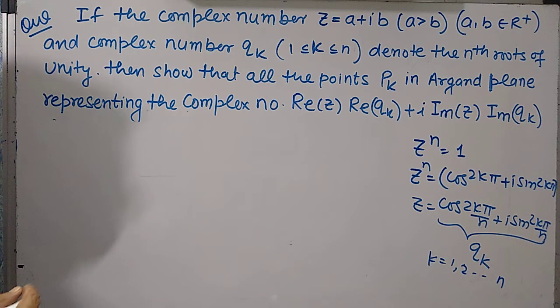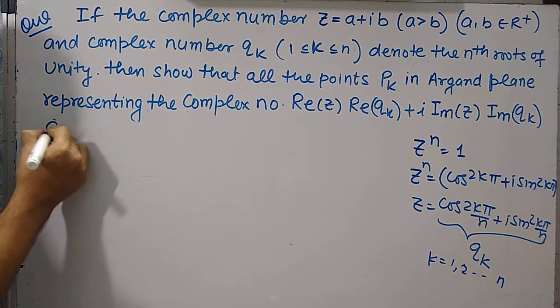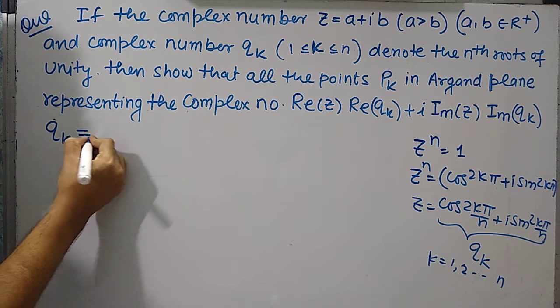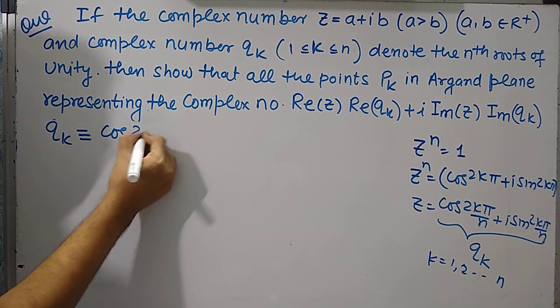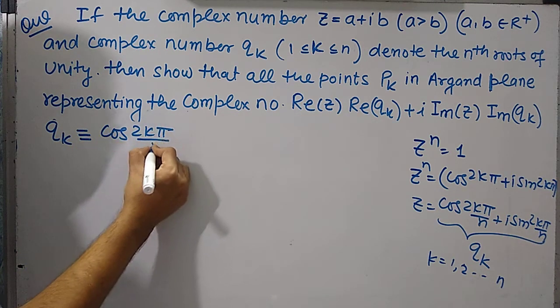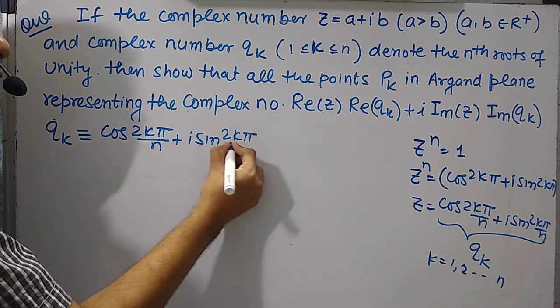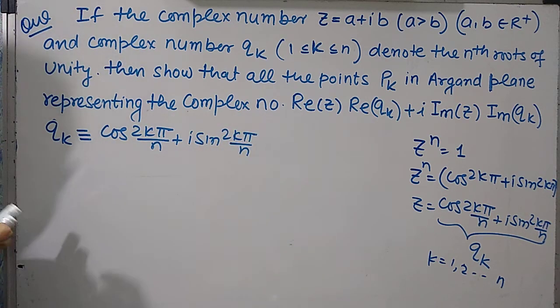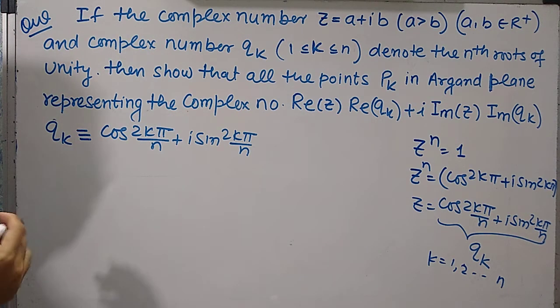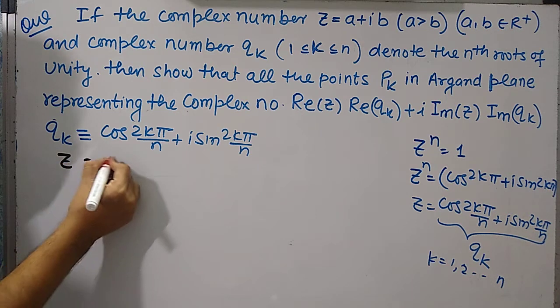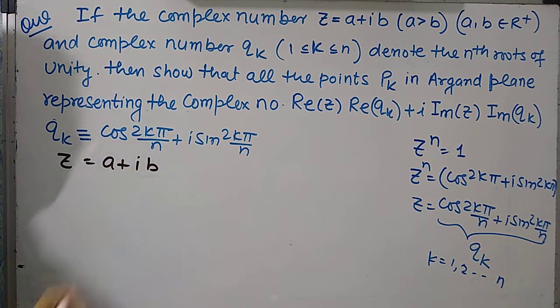So now we have qk, and this qk is represented by the complex number cos 2k pi upon n plus i sin 2k pi divided by n, and also z is given as a plus ib.